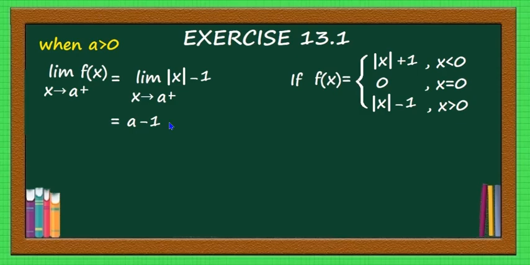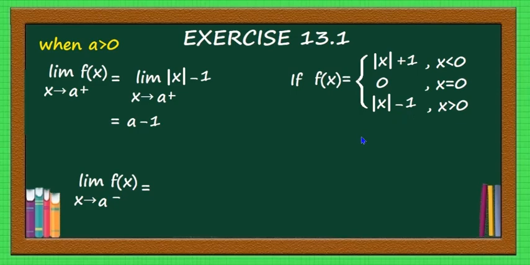Now let us find the limit as x tends to a minus of f of x. A minus is also positive. Even if a is a small number, a minus means slightly less than a, which is again a positive real number. And when it is greater than 0, how is the function defined?